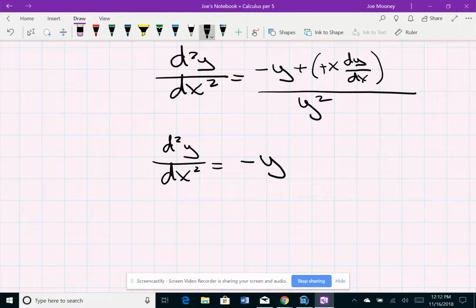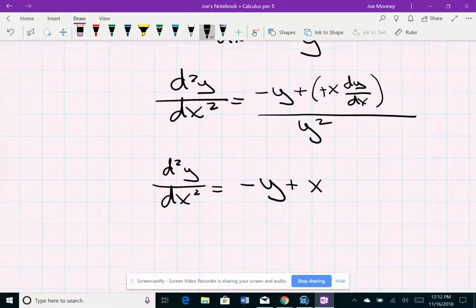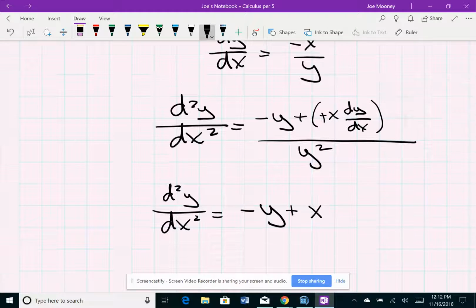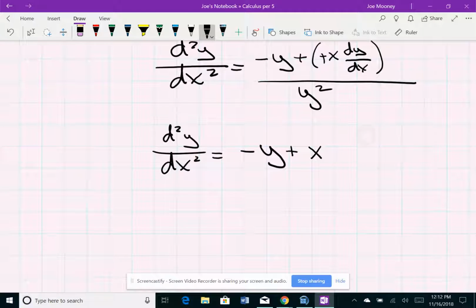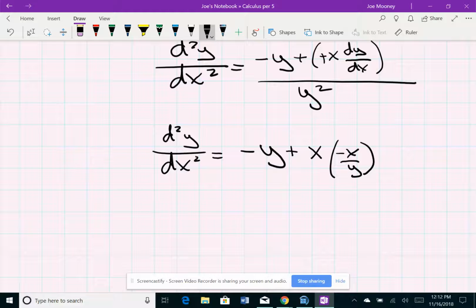So that becomes plus x times dy dx. And dy dx is negative x over y. Let's plug that in. So x times negative x over y. So I just replaced my dy dx, all over y squared.